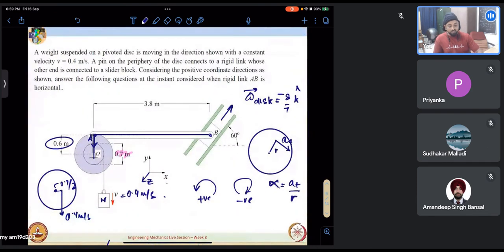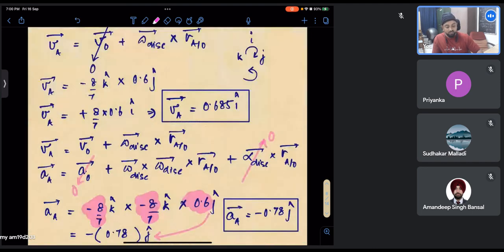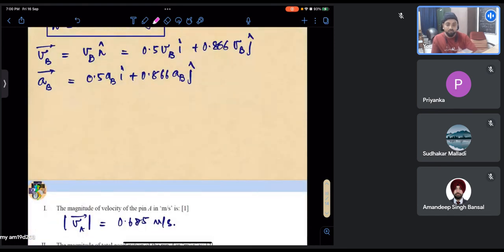Now, what other constraints are given in the system? We know that this is a rigid link, and we know one end of it is point A. We know the acceleration and velocity of point A. So, can we calculate acceleration or velocity of point B? Because this is rigid, we can, using our relative motion analysis. So, what is VB from the link?